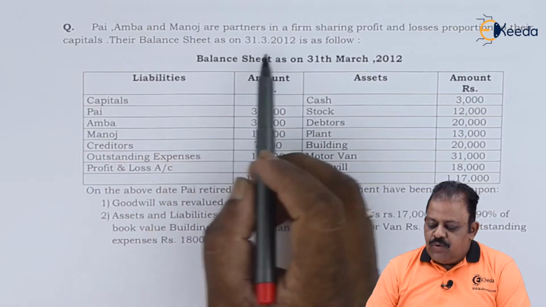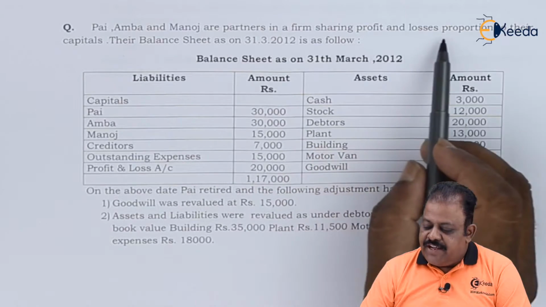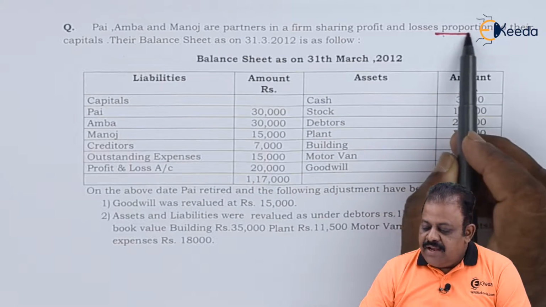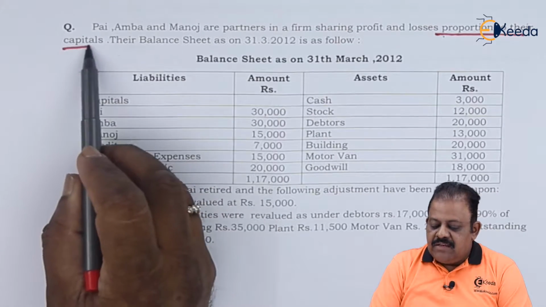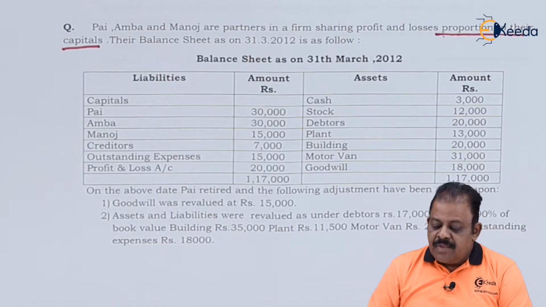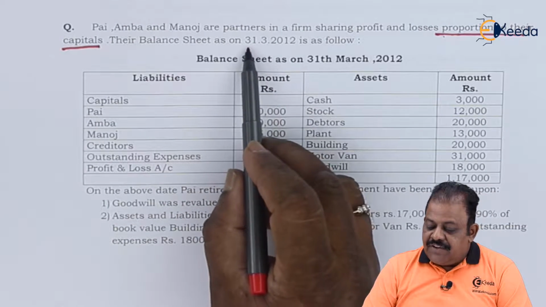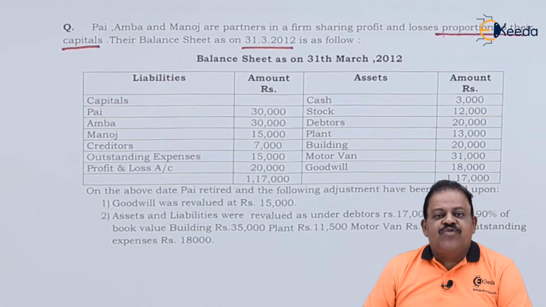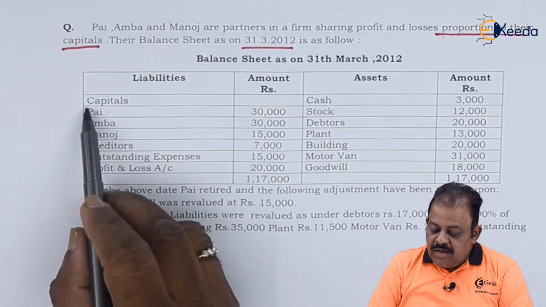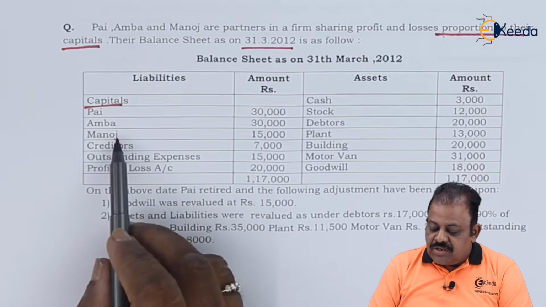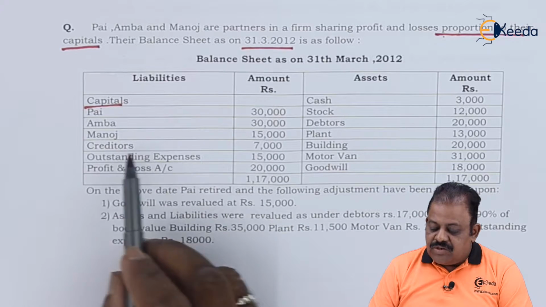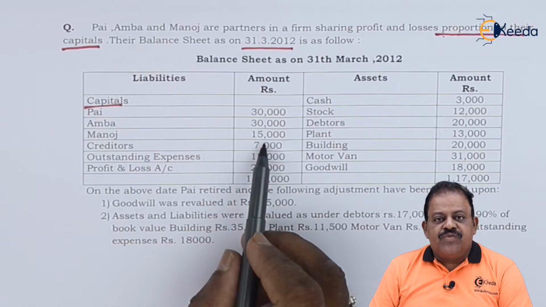Pai, Amba and Manoj are partners in a firm sharing profits and losses in proportion to their capitals. Their balance sheet as on 31st March 2012 is as follows. Capital of Pai 30,000, Amba 30,000, Manoj 15,000.